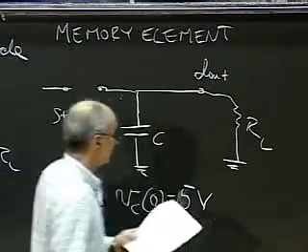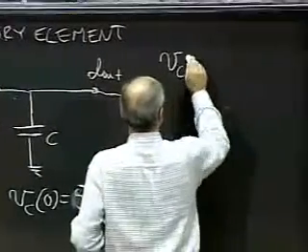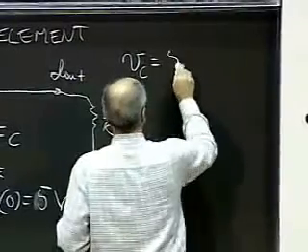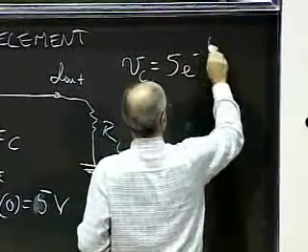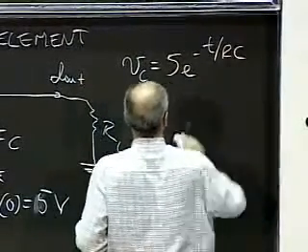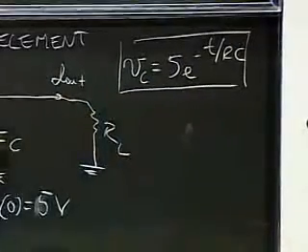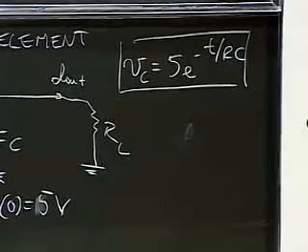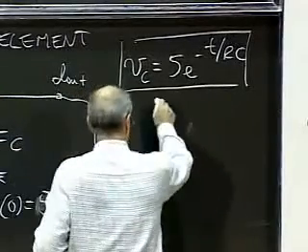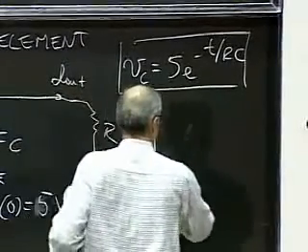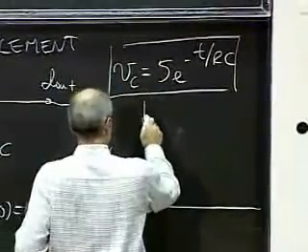It's very simple. VC is equal to 5 volts e to the minus t over RC, right? That's the response.